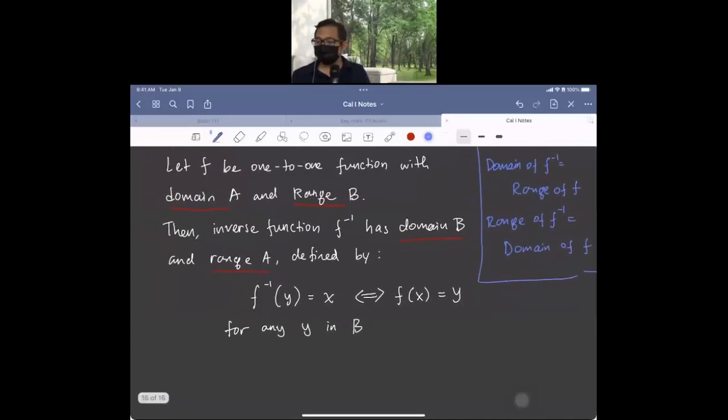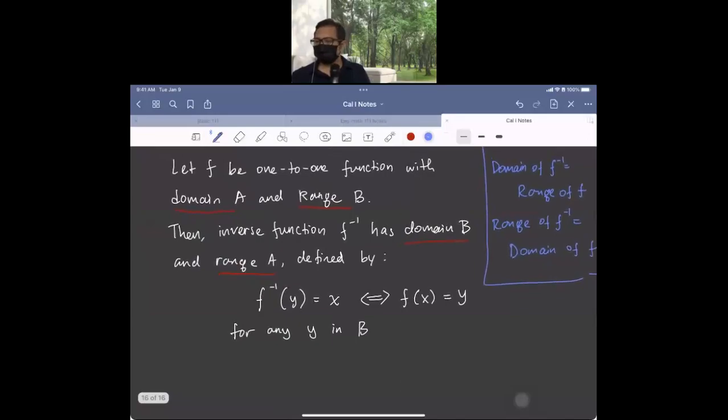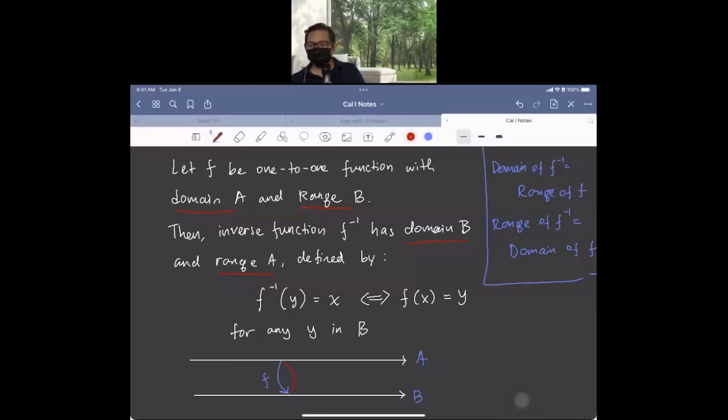As mentioned with the letters A and B, this is A, this is B. Now this is f, with domain A and range B, and this will be f inverse, with domain B and range A.